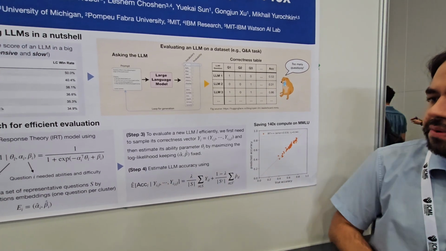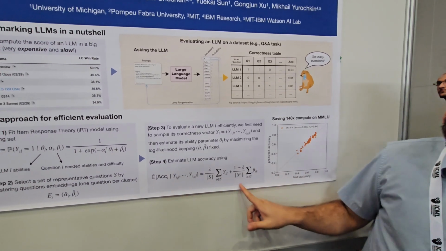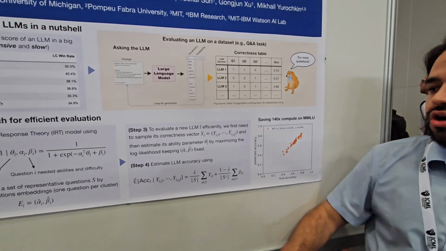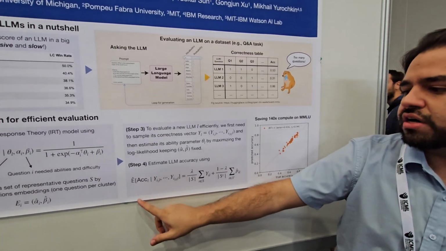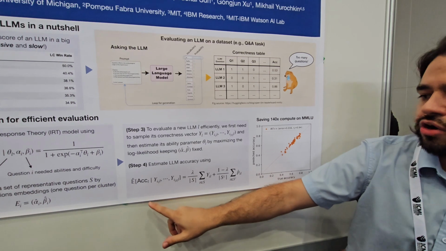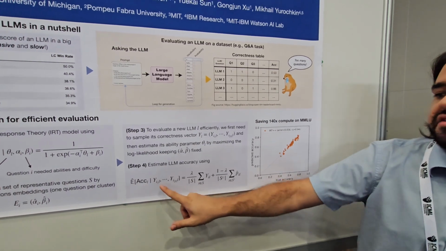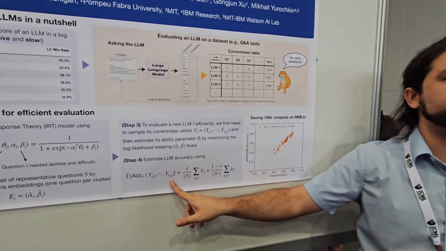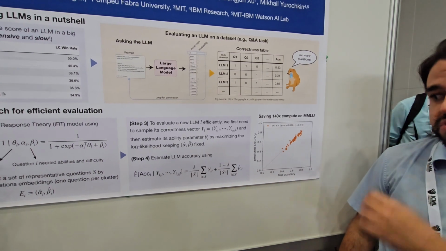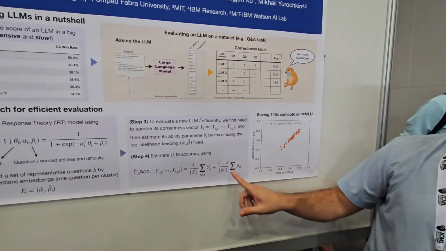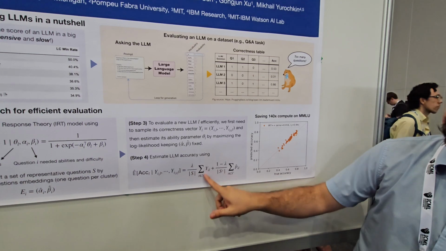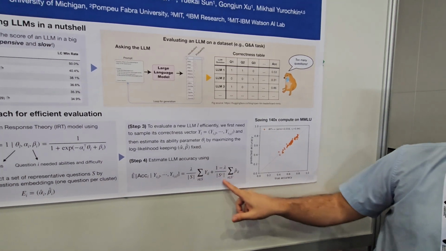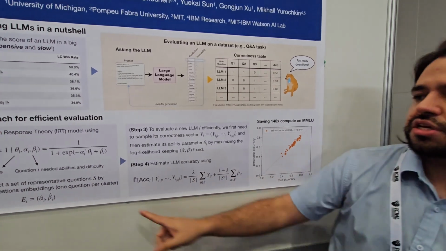At the end, we estimate accuracy using this estimator. It is an estimator for the conditional expectation of the accuracy given the questions that we gave the model, where we know the responses. It is a convex combination, an average of what we see and what we don't see but can predict using this model.